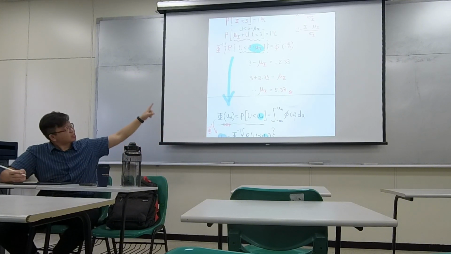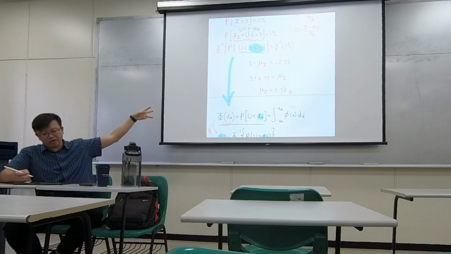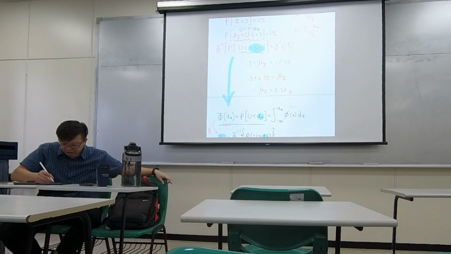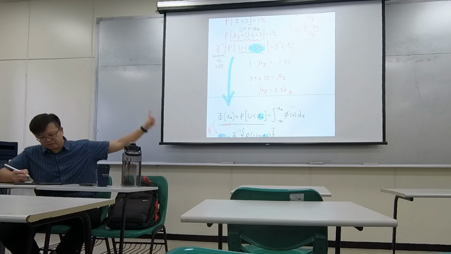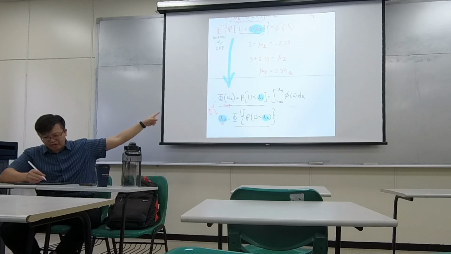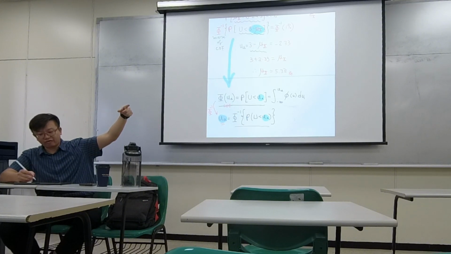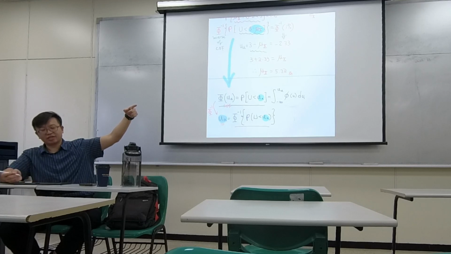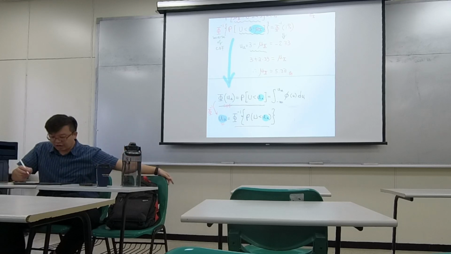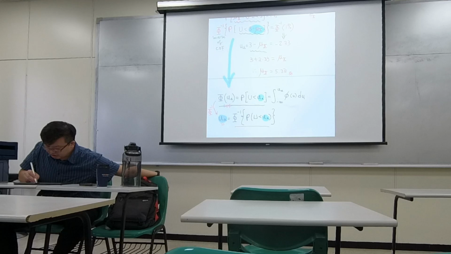So I apply this inverse CDF. When you do that, you get UA. But on the right-hand side, the inverse of 1% is negative 2.33, because the CDF of negative 2.33 equals 1%.